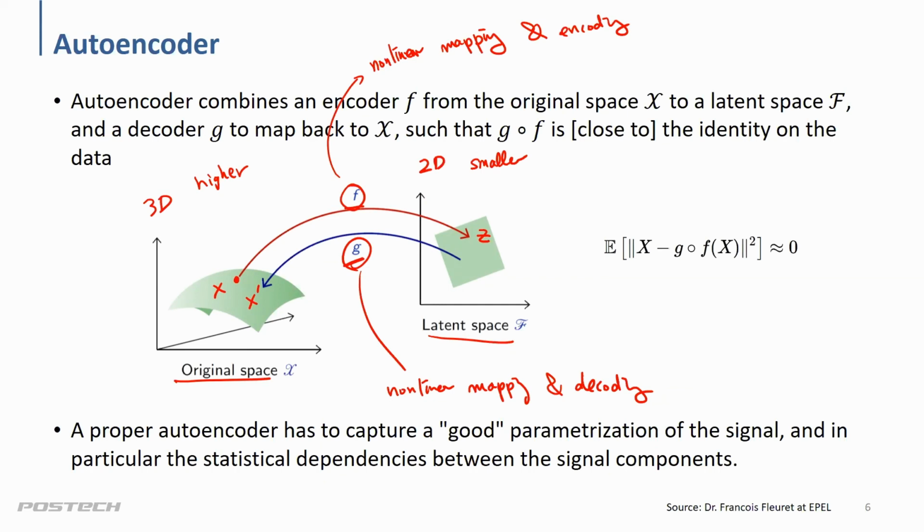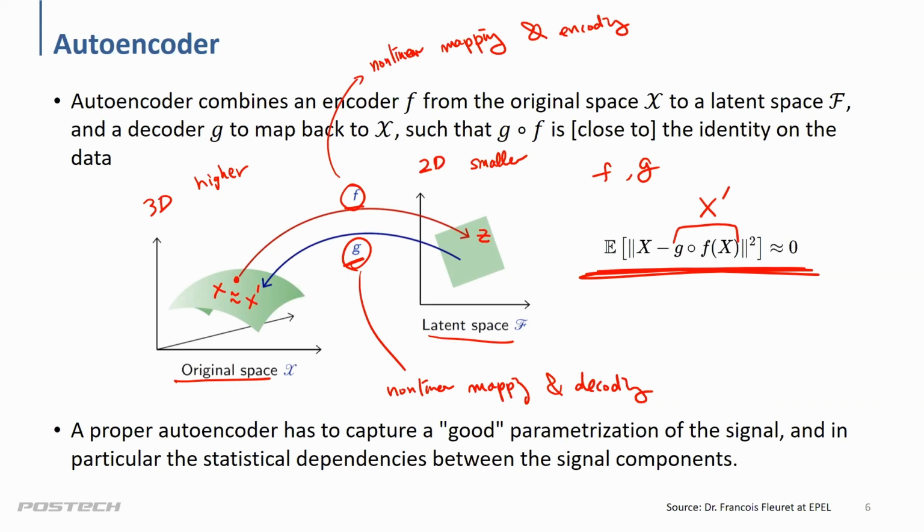From the training data set, I'm going to find f and g to satisfy this, so that X prime is as close as possible to X. And remember, there's no y in this case because it's unsupervised learning.